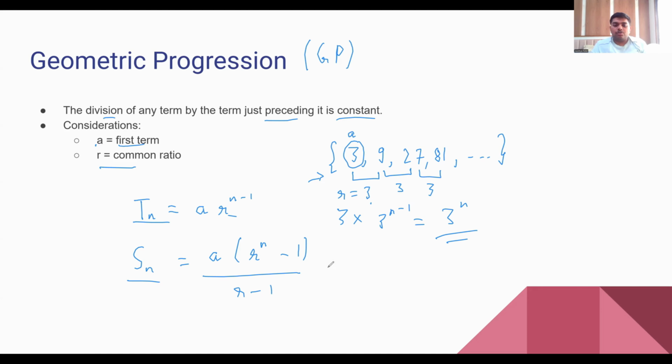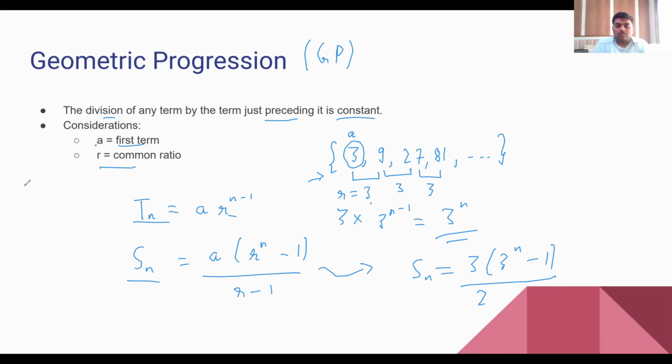So if you want to verify this over here, Sn is equal to 3 into 3 to the power n minus 1 upon 3 minus 1, which is 2, right? So this is the formula for the sum of first n terms of the GP.